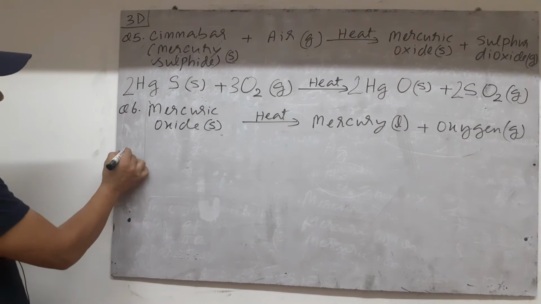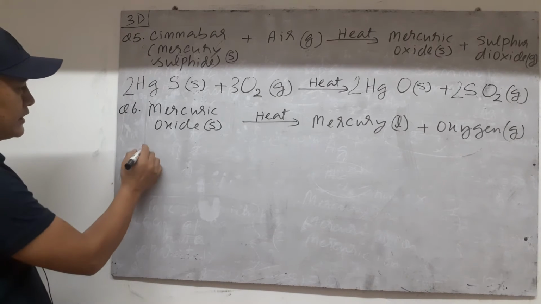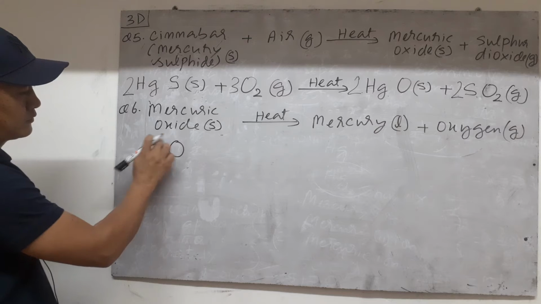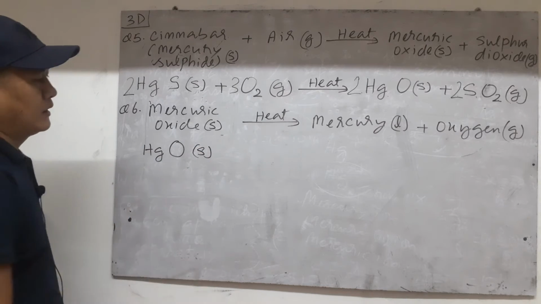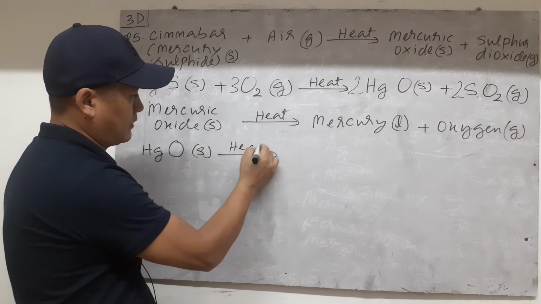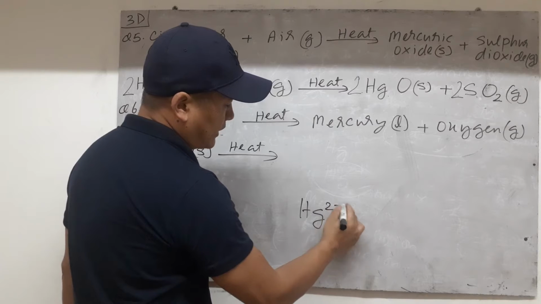So using this we have to form the balanced chemical equation. So let us do that. We know that mercuric ion is Hg2+, oxide ion is O2-, so 2 cancel. This is the compound which is solid form. When you heat mercuric oxide, you get mercury. When we write like this it is called mercury ion.